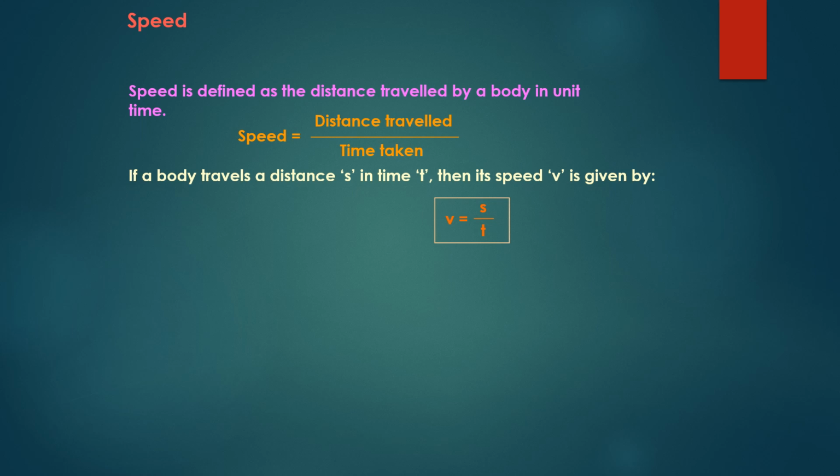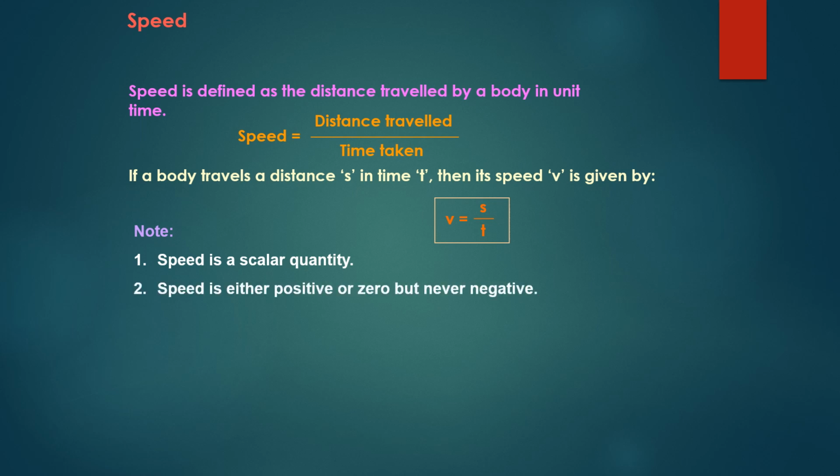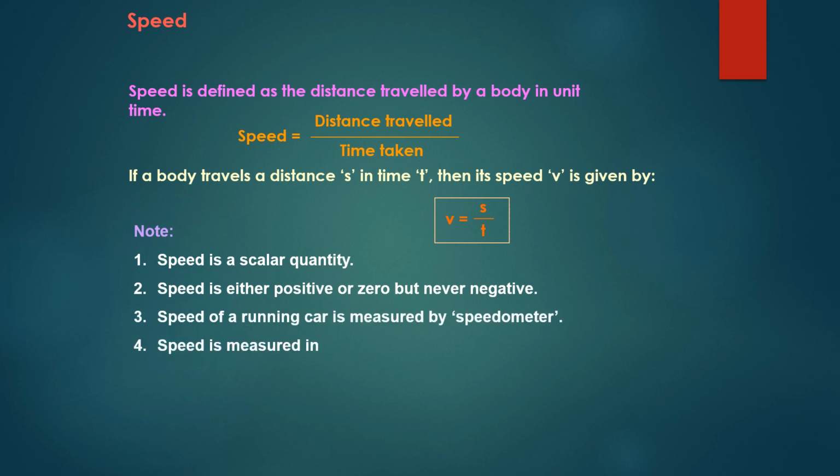V is equal to s by t. Speed is a scalar quantity. Speed is either positive or zero but never negative. Speed of a running car is measured by a speedometer. Speed is measured in centimeter per second, meter per second, or kilometer per hour.